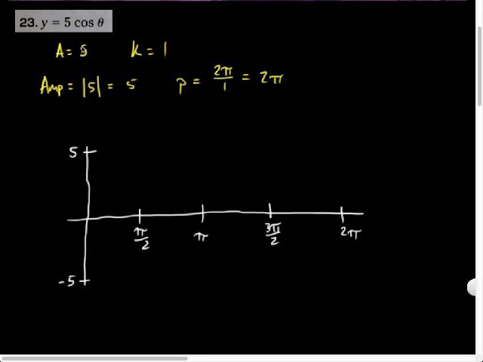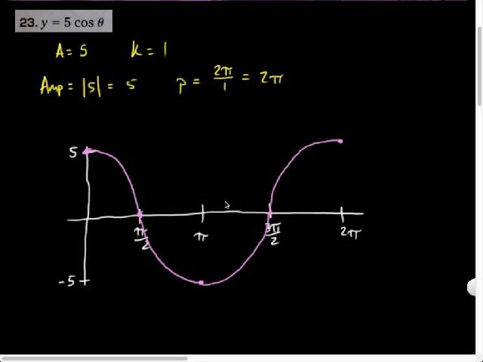Now the cosine function, the typical shape, it starts at its maximum, goes to 0, drops down to its minimum, goes to 0, and goes back to its maximum. All right, so you want to kind of know those general points, but even if you didn't have that memorized, hopefully you're familiar enough with cosine that you could calculate cosine of 0 degrees, cosine of pi over 2 or 90 degrees, and go from there.